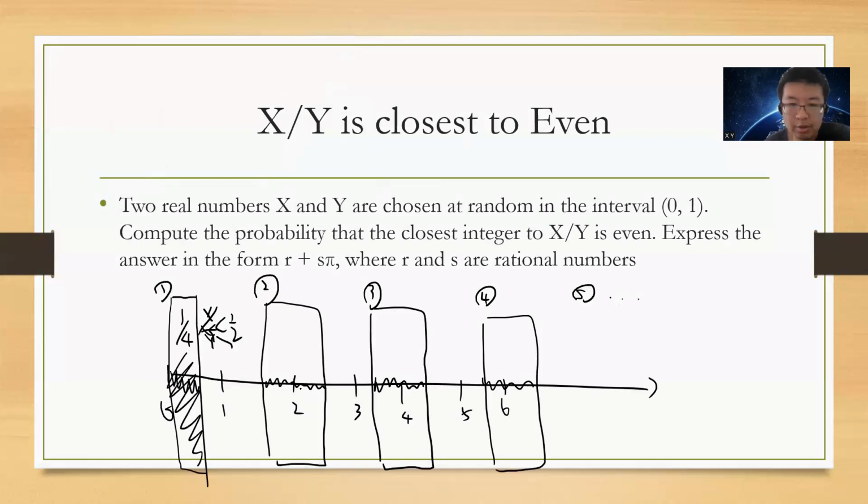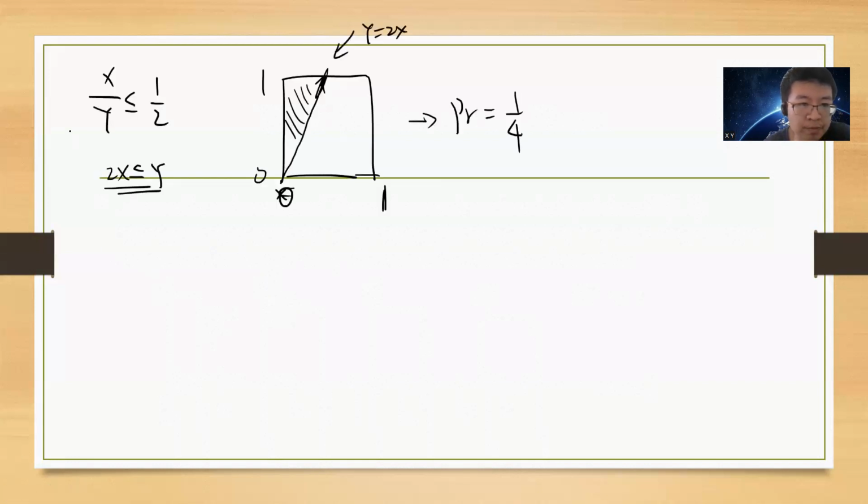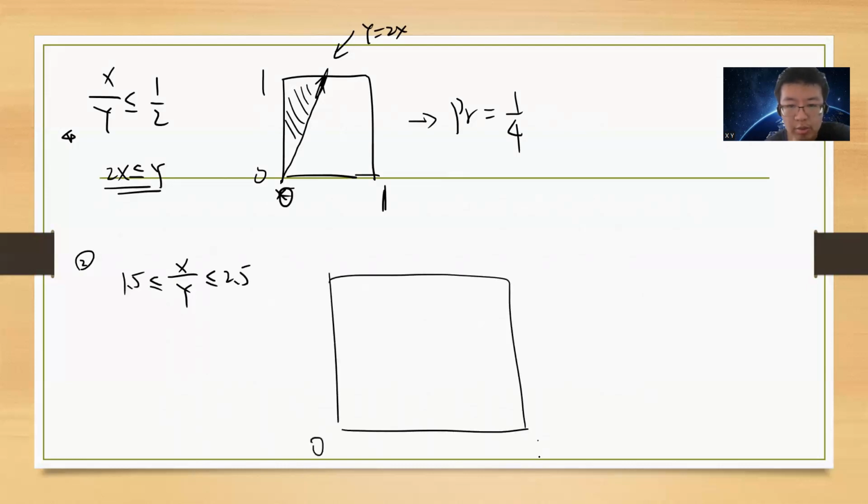Now let's solve the second region. The second region is 1.5 to 2.5, so x divided by y is from 1.5 to 2.5. Let's draw the 0 to 1 square with y.